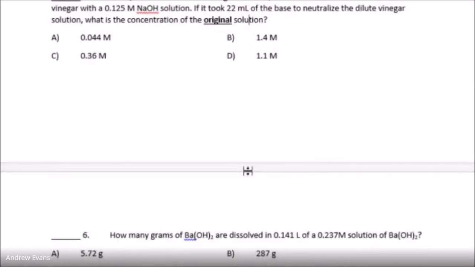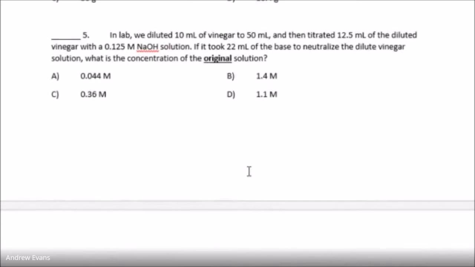Now a lab problem. Though if you didn't come to lab, you didn't do the lab, you can still do this because this is just M1V1 equals M2V2. But you do have an advantage in that we did this same mathematical process in lab. We diluted 10 mils of vinegar to 50 mils of vinegar.